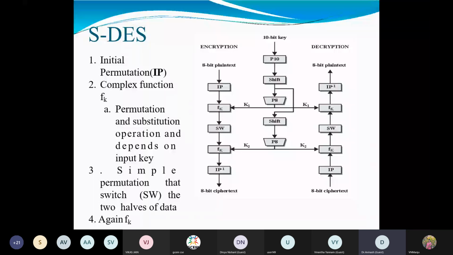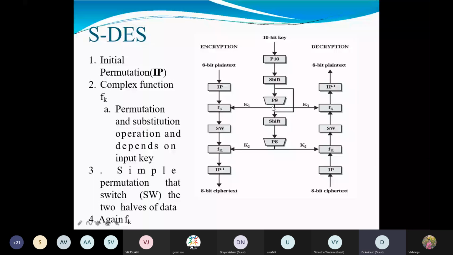Then we again generate the plaintext with the help of the decryption process from the 8-bit ciphertext.